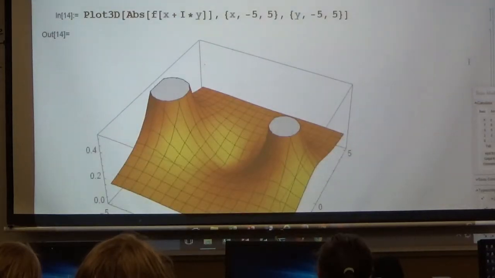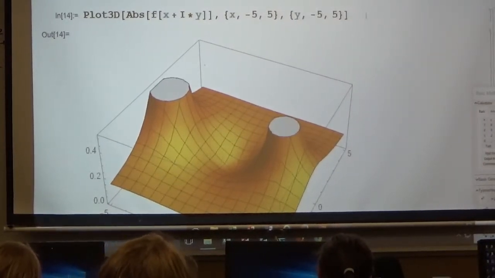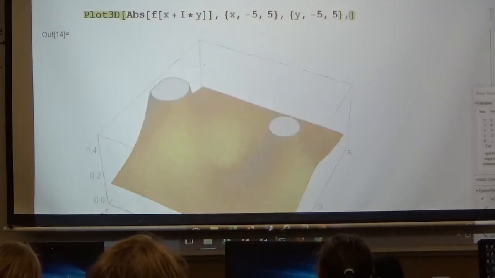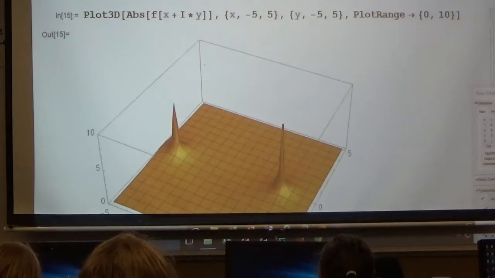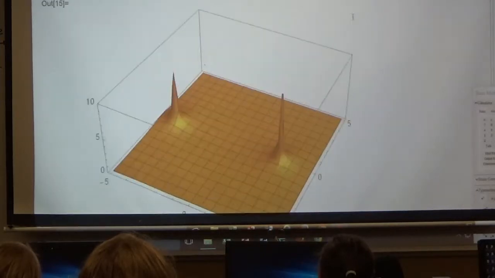There we have it. And you see the poles, right? At -4 and +3. If I change my plot range, they really do look more like poles. Let me click a bigger plot range. Now they're looking more like poles. That one's kind of spiky. It shouldn't be there.